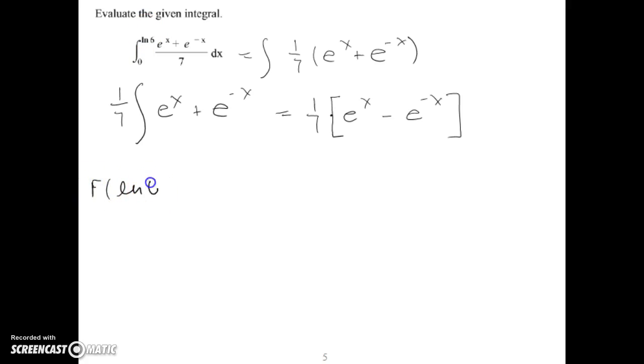So f of natural log 6 is going to be 1/7 times e to the natural log 6 minus e to the negative natural log 6.